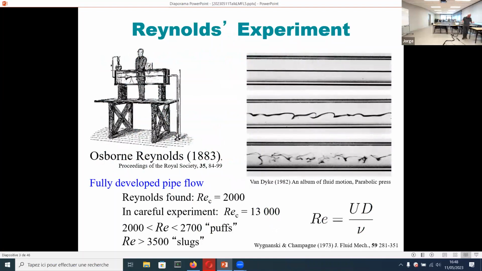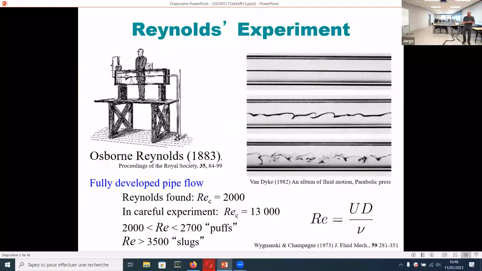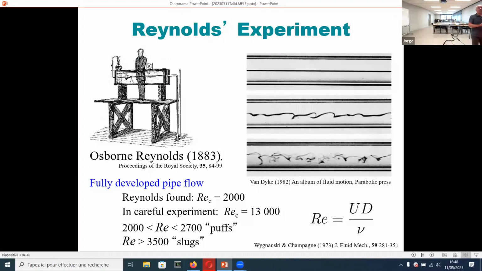So pipe flow is a very old problem. It started 140 years ago with Osborne Reynolds. He did a very elegant experiment, I think. At that time, there was no electricity, no pump.